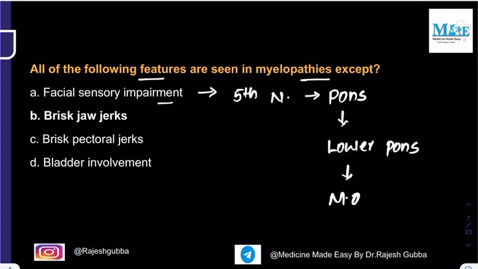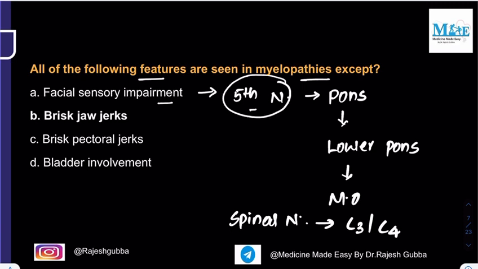And we have the spinal nucleus, and this particular spinal nucleus of the trigeminal nerve also extends up to C3 or C4. So the nucleus of the trigeminal nerve, which carries the sensory sensations of the face, extends up to C3 to C4.